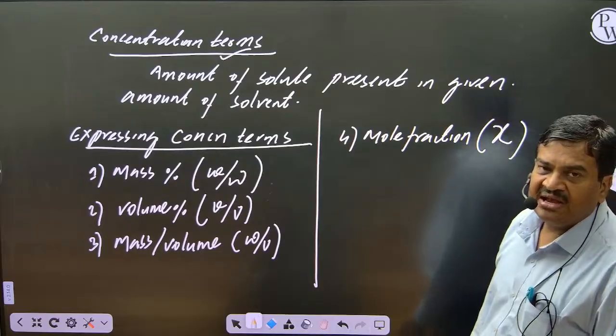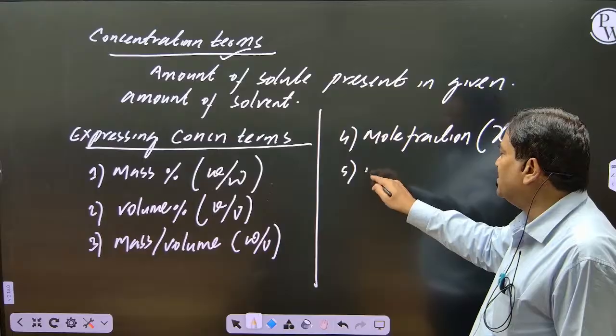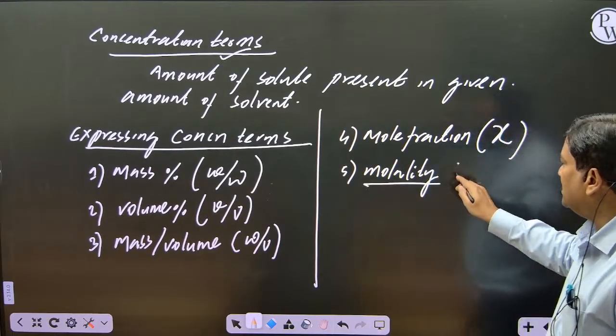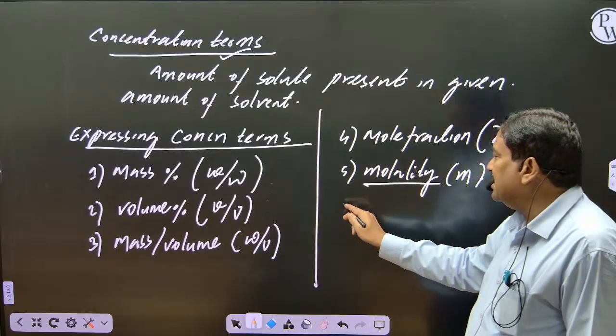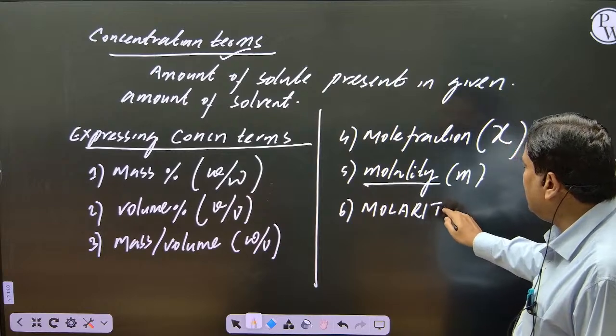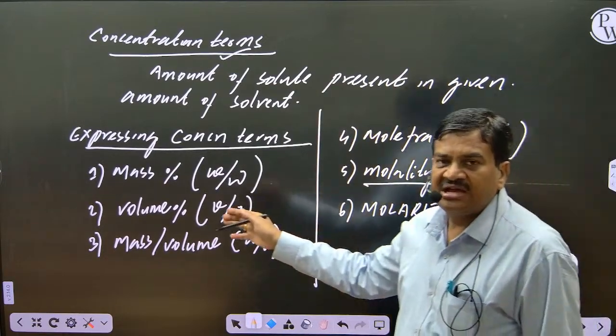The fifth one is molality, shown with the symbol small m. And the last one is molarity. See the difference between molality and molarity; molarity is shown with capital M. So these are the six terms by which we express concentration.